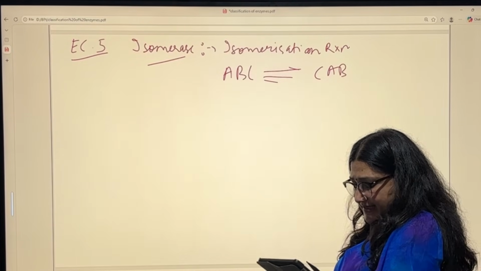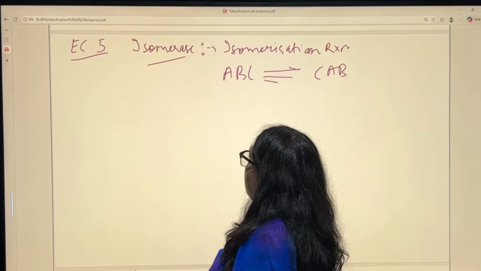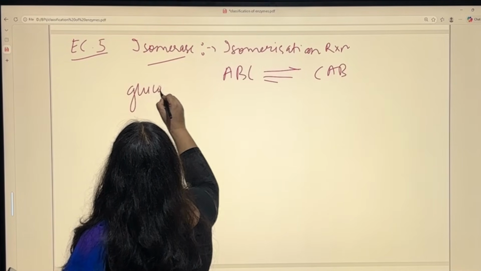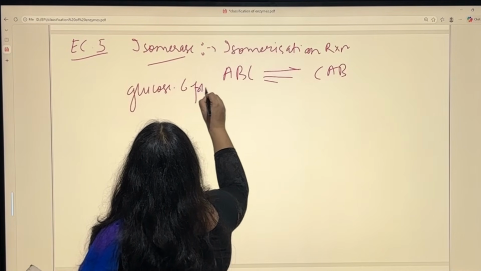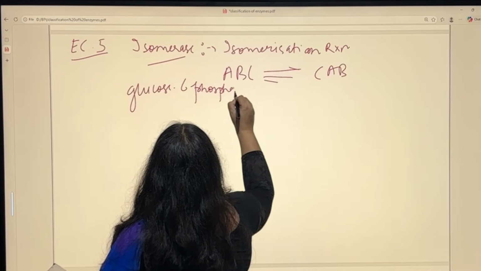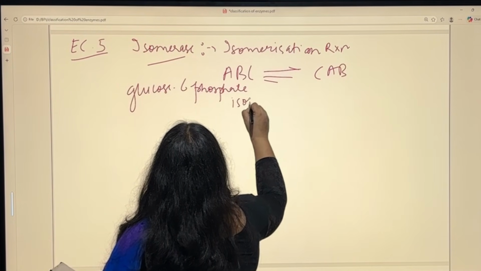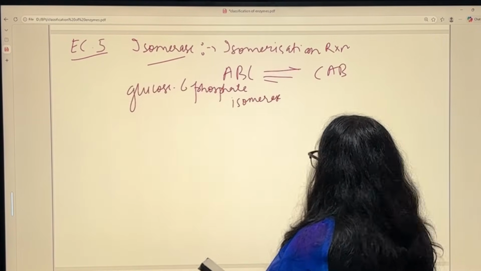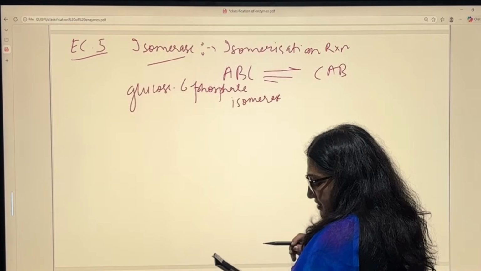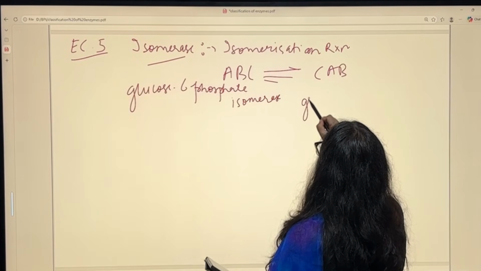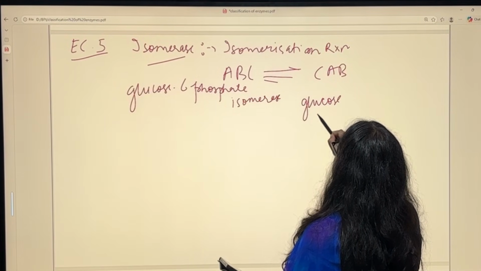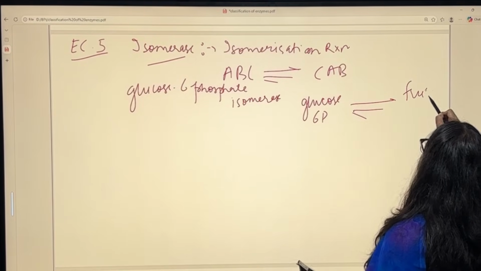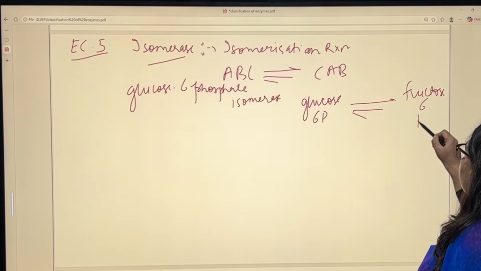The classical example of isomerase is glucose 6-phosphate isomerase, which catalyzes the conversion of glucose 6-phosphate into fructose 6-phosphate.